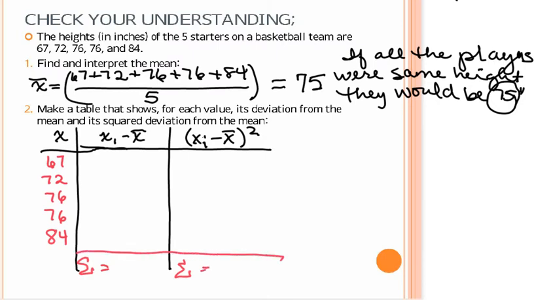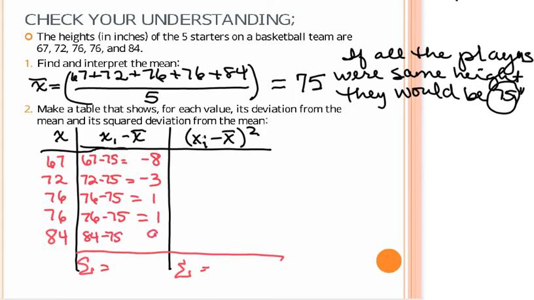Now the average is 75, so 67 minus 75 is negative 8. 72 minus 75 is negative 3. 76 minus 75 is 1. 76 minus 75 again is 1. And 84 minus 75 is 9. Now when I add these all up, I end up with 0.